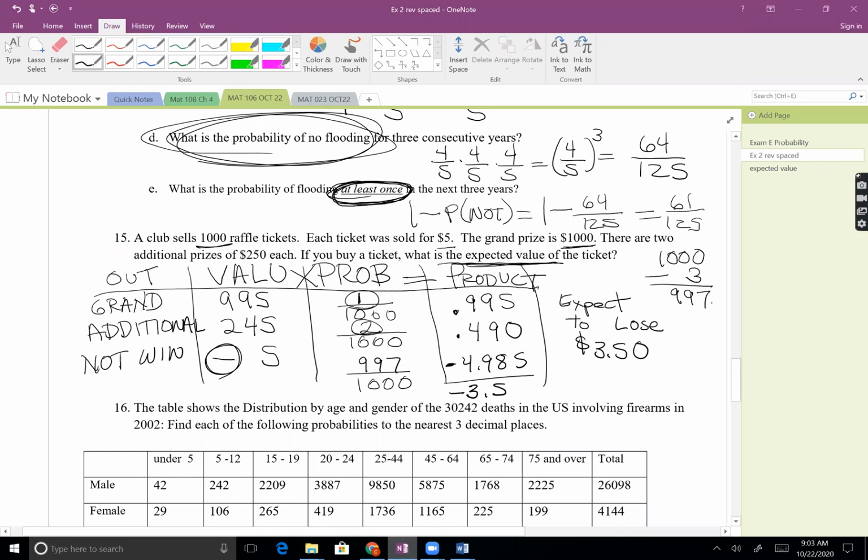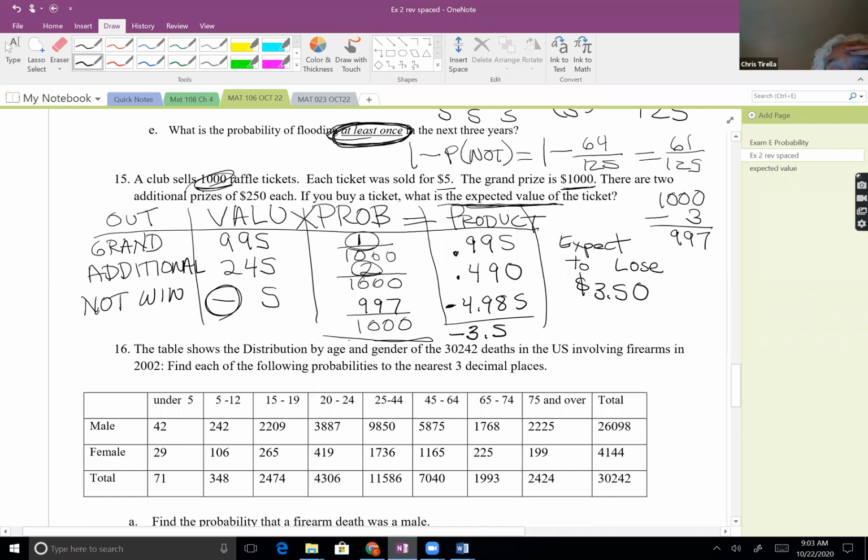I was subtracting 5 from 1,000. Okay. No, this is the 1,000 tickets, not the $1,000. The other way you can get that is you have to remember that this column always adds up to the number 1. And so I could add those 2 fractions and subtract from 1 to get that third entry. Okay, now I get it.